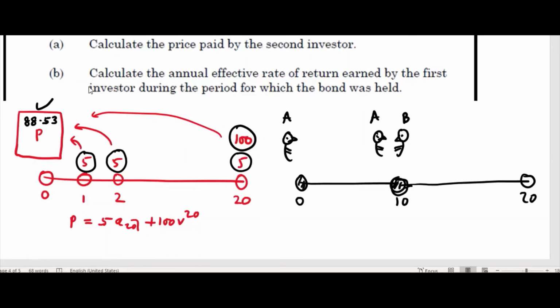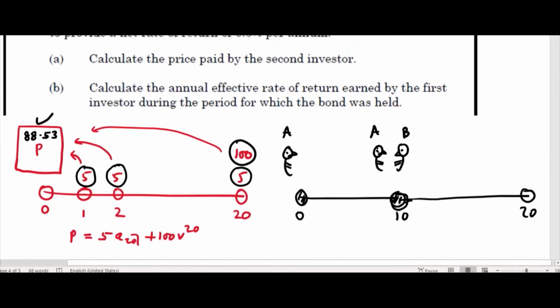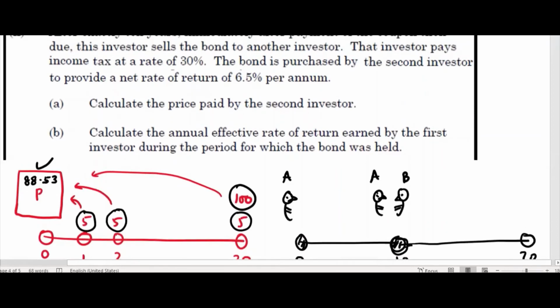You kept it for 10 years, okay? So at what price you purchased, you sold to B, or at what price B purchased from A, that you have to know first.